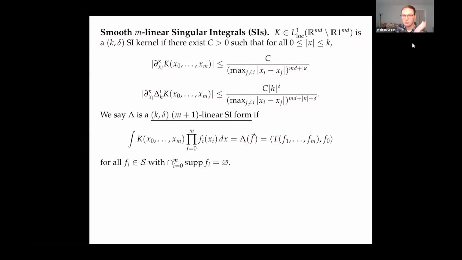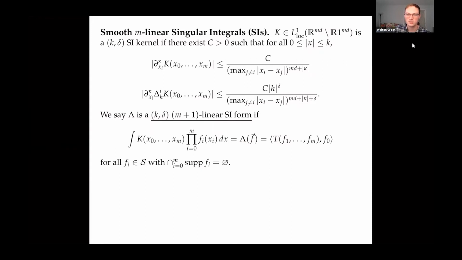So sometimes I'll write lambda where I should write t, there will be some abusive notation, but lambda is the form, t is the operator. And this is what it means to be associated to a singular integral kernel, in which case we have a singular integral form, or t being a singular integral operator. And in general, looking at the square function example from the previous case, probably everyone here knows, being a singular integral is not enough to be bounded.